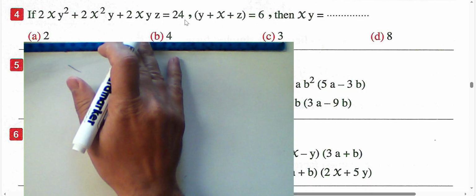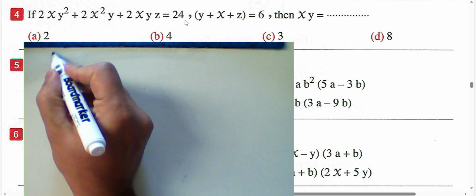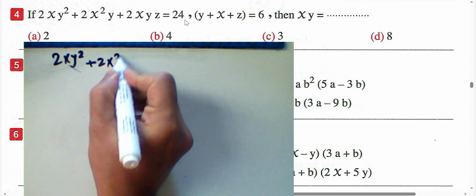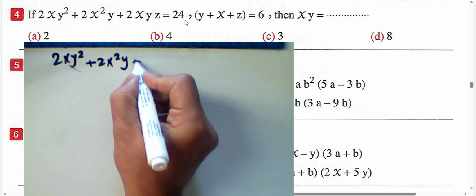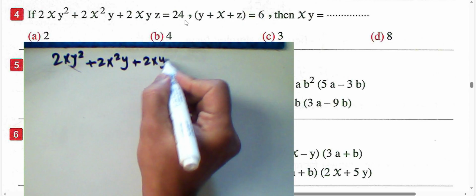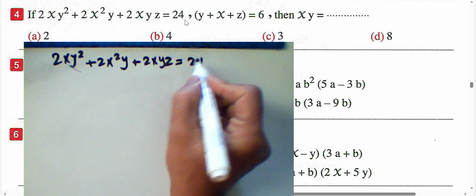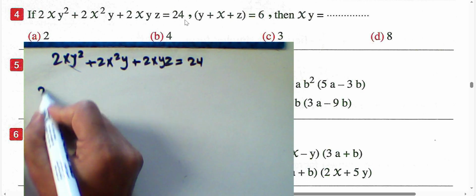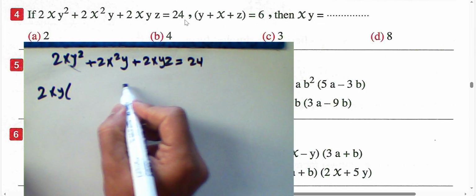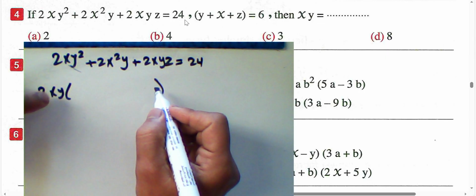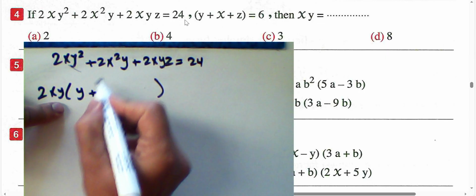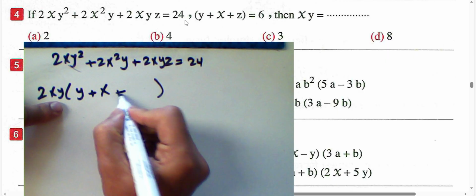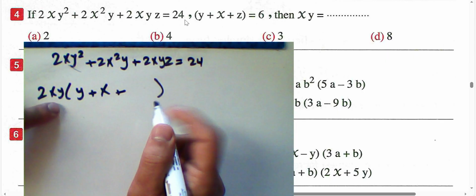Number 4, 2xy^2 plus 2x^2y plus 2xyz equals 24. We can factorize this expression. I write the highest common factor, 2xy. 2xy^2 divided by 2xy will be y. 2x^2y divided by 2xy will be x. 2xyz divided by 2xy equals z.